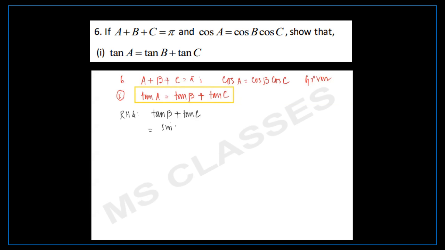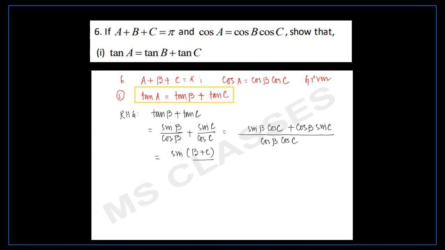Sin B by cos B plus sin C by cos C. Now if we simplify this, over cos B cos C, we get sin B cos C plus cos B sin C. Now this will be what? Sin (B plus C) by cos B cos C.